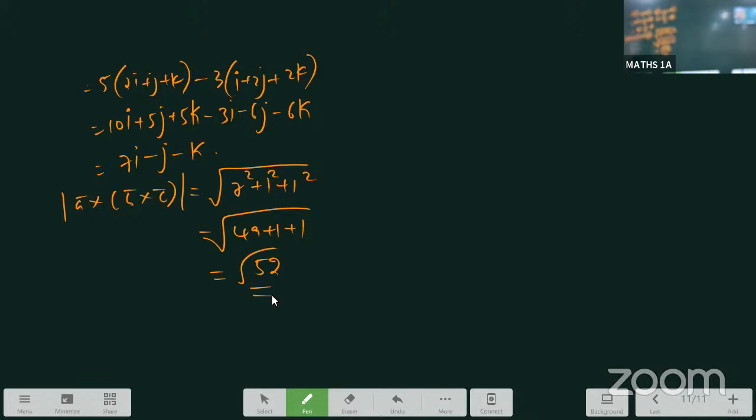There is nothing but root 52. I hope you understood. Next question.